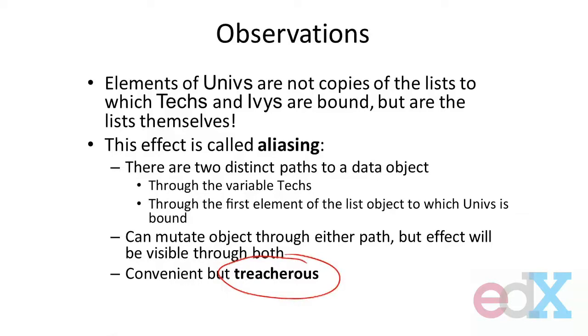It can be treacherous, because if I had something that was changing text, and I didn't realize that univs inherited the text structure, I've now changed something inside of univs. And if you think back to the code I just typed in there, you saw nothing that said make a change to univs, but changing a part of it had that effect. So aliasing is a valuable tool, but it is going to occasionally lead to some problems, and we have to be careful about it.